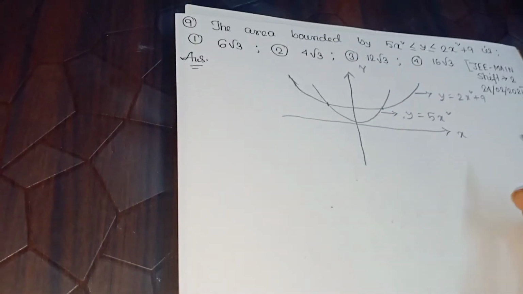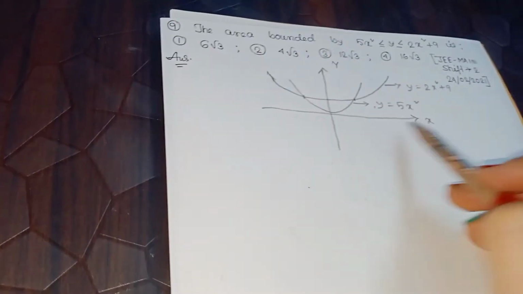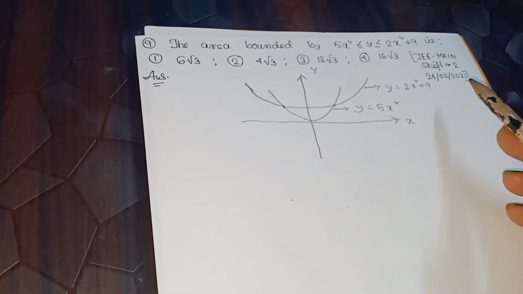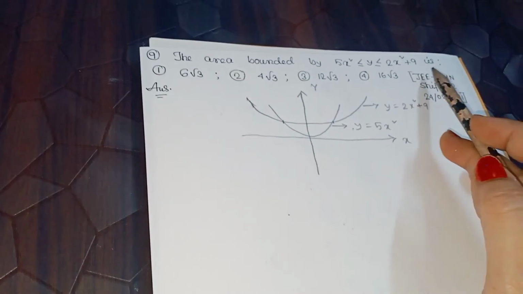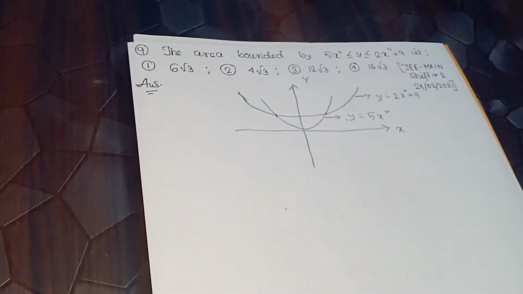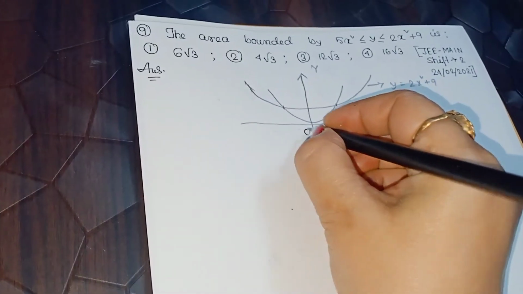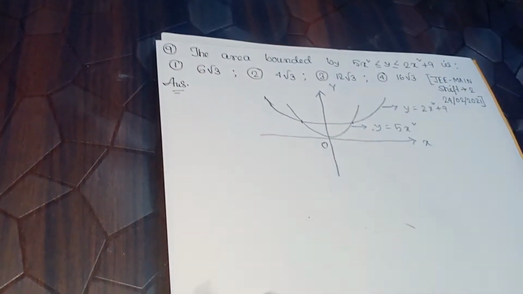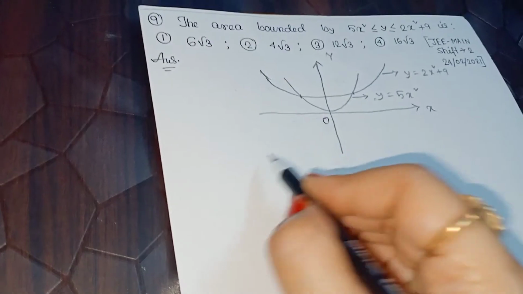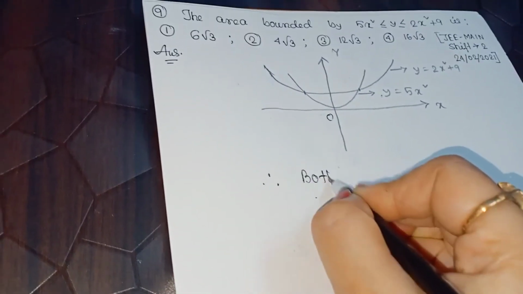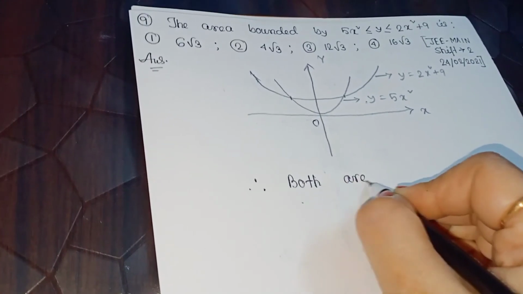So the intersection point, and both are symmetric to the y-axis, as it is y is equal to x square plus 9. So now 0 is the point, and so therefore the first condition is both are symmetric.